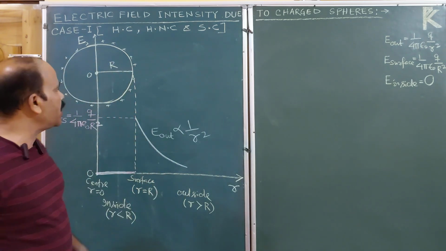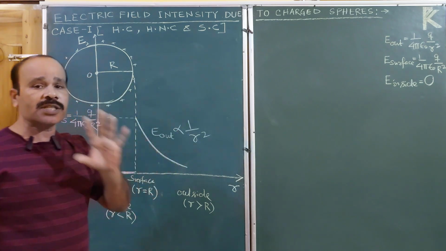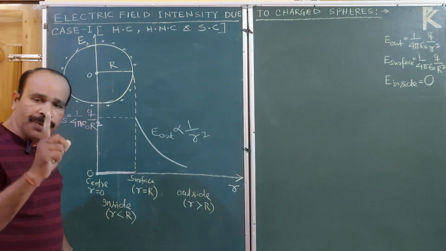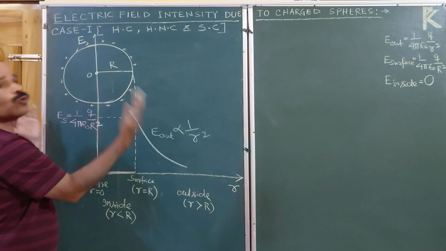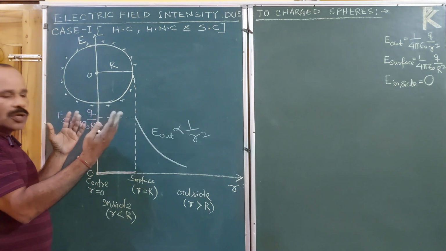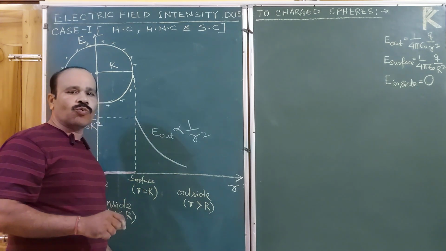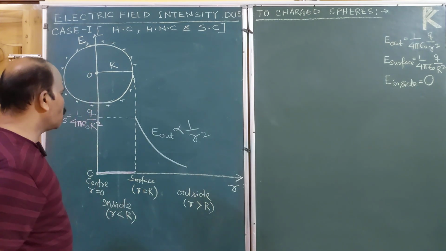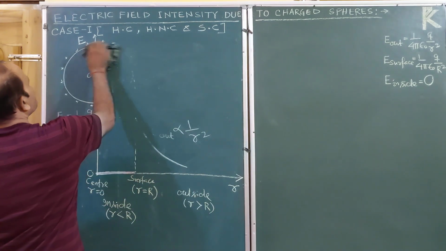That's the reason these hollow non-conducting, hollow conducting and solid conducting charged spheres behave like a point charge for an outside point. This is the important conclusion we drew in the previous video. Okay, let me erase. We will now deal with case 2.